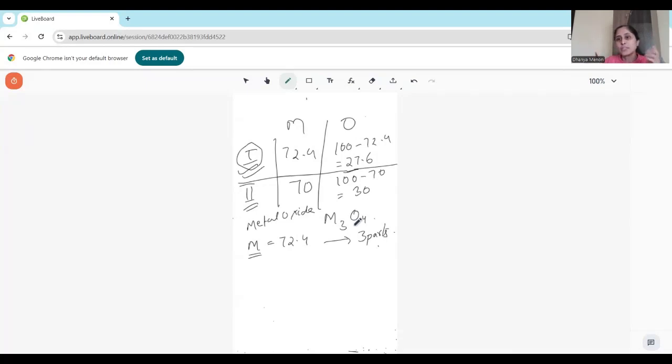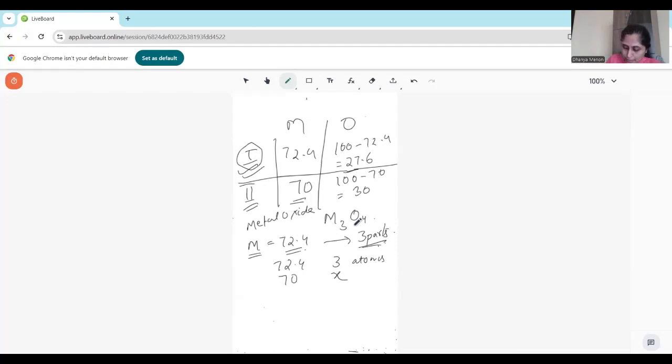Only the formula is changing, the amounts are changing. So 72.4% of the metal refers to 3 atoms. The same metal, 70, will refer to how many atoms? That's what we need to find out.